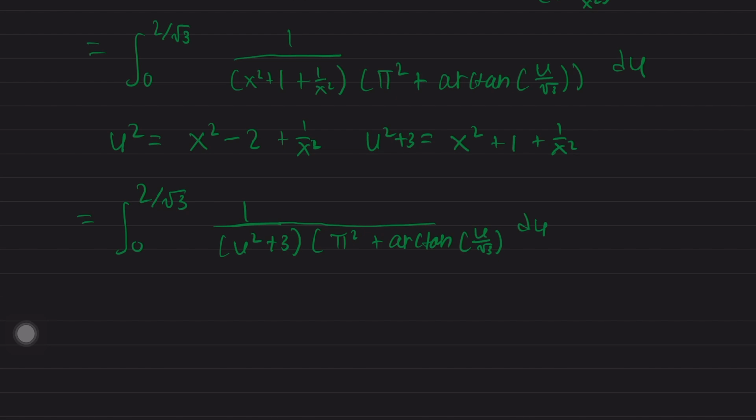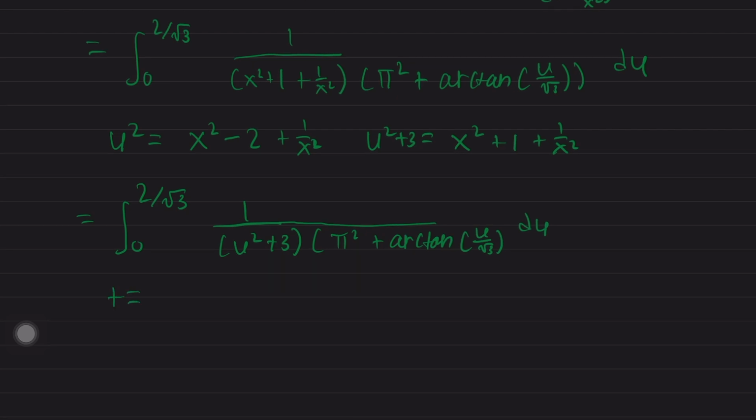So let's say t is equal to arctan of u over square root of 3. dt is going to be 1 over 1 plus u squared over 3 times 1 over square root of 3. And we're going to multiply this by square root of 3 over square root of 3, just to rationalize this on the bottom, and we'll get square root of 3 over u squared plus 3.